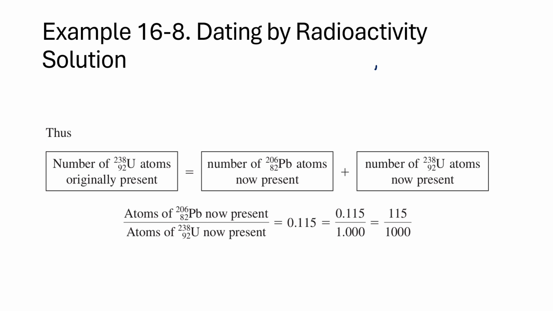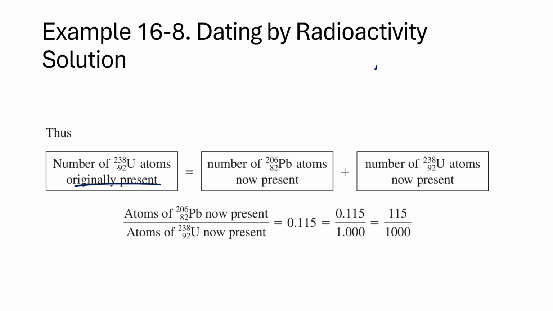So n over n naught represents the ratio of uranium-238 atoms now found in the rock to the number present when the rock was formed. We're assuming that each lead-206 nuclide present must have come from the decay of a uranium-238 atom.